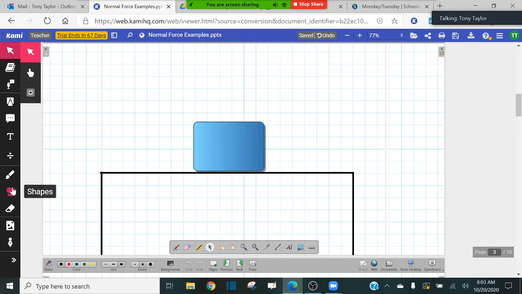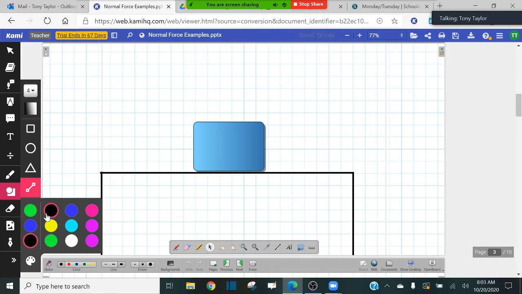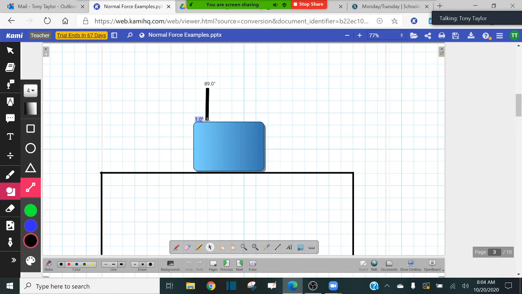I want you guys to think about this situation here. Imagine that I had a box sitting on a table, and while the box is already sitting on the table, someone comes along and decides to push down on the box with a force.